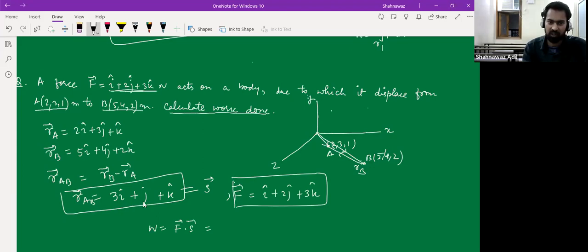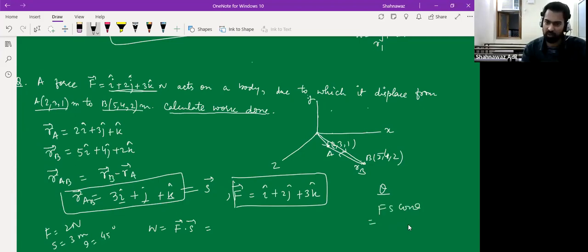These are in Cartesian coordinates, so we don't have to bother about the theta angle. If this would have been in polar form, say the magnitude of F was 2 newtons and the magnitude of S was 3 meters, and the angle between them was 45 degrees, then we should apply F s cos theta.